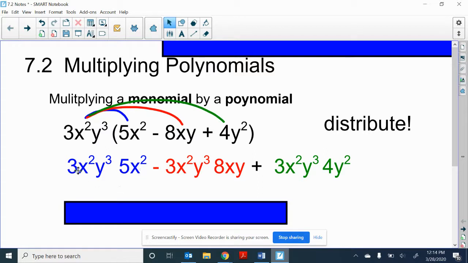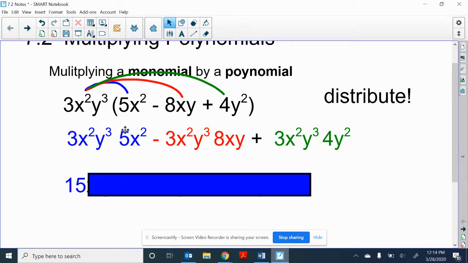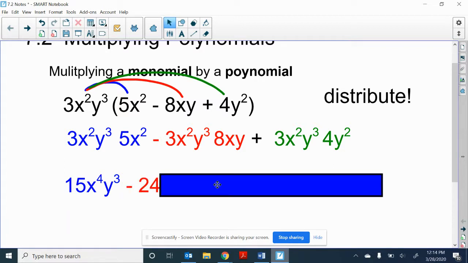So if I'm multiplying, I can do 3 times 5, which is 15. X squared times x squared is x to the fourth, y cubed. So my blue expression simplifies to this term, 15x to the fourth, y cubed. Now for the middle, minus 3 times an 8 is minus 24.